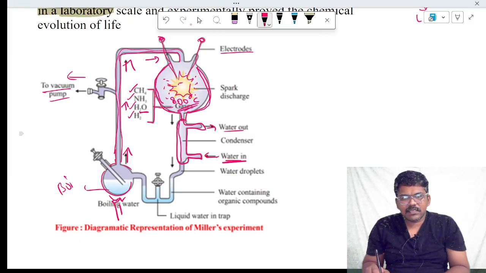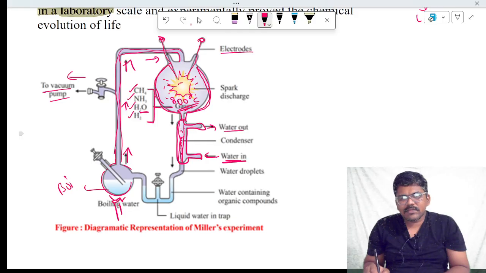Within this condenser we can see another pipe, through which the organic substances flow. When the substances flow through this pipe, the water present outside the pipe decreases the temperature of these organic substances.